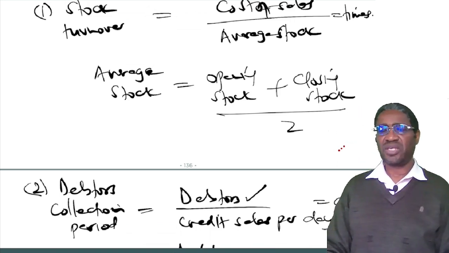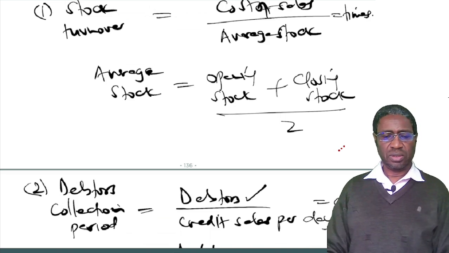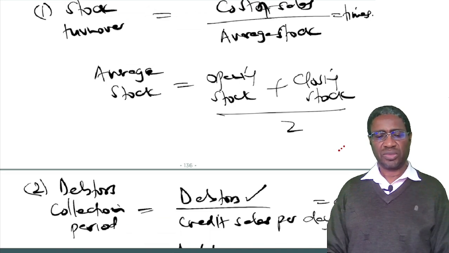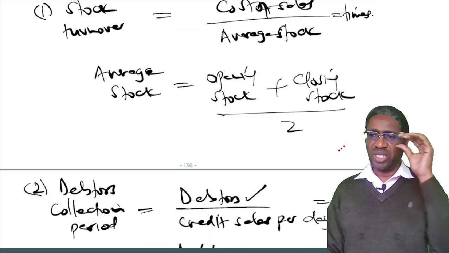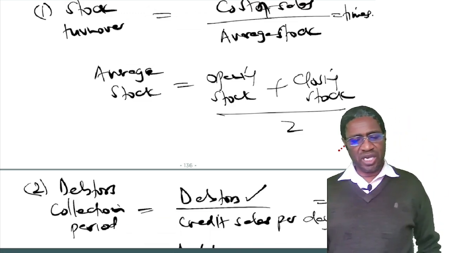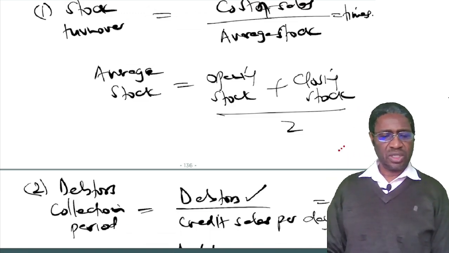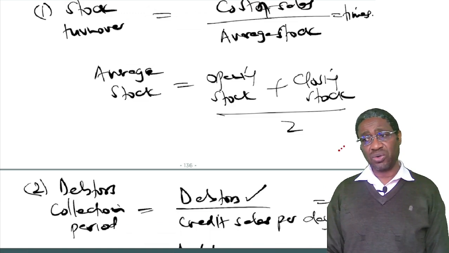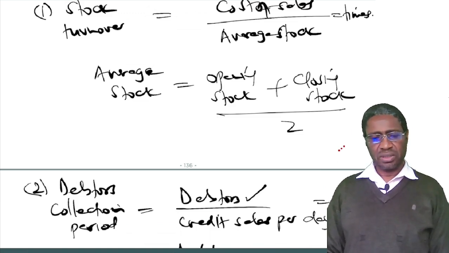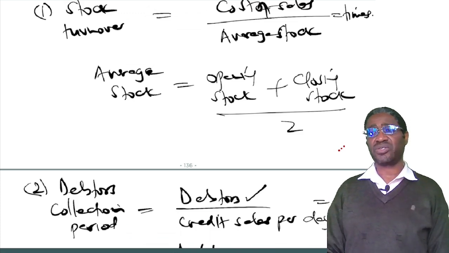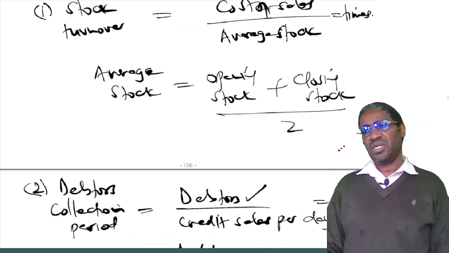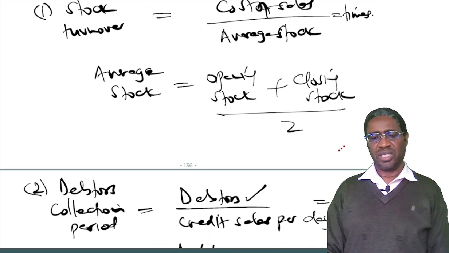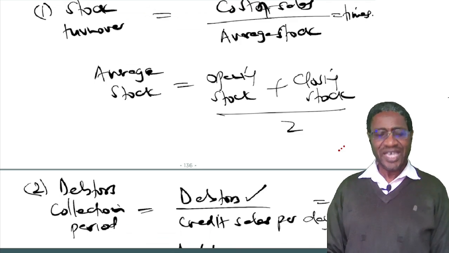Say this: This ratio indicates the number of times stock is turned into sales in a year.